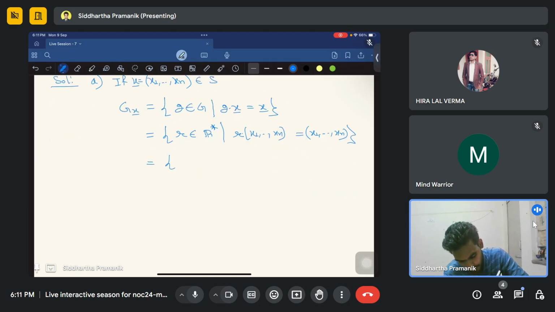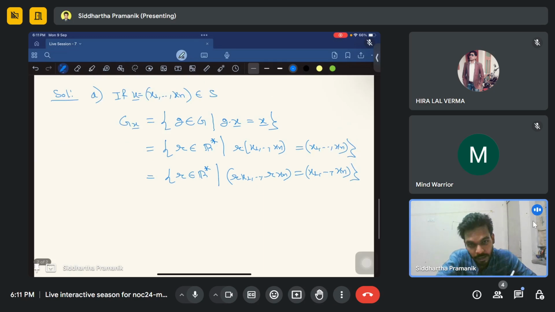So this is r belonging to R star such that (rx1, up to rxn) is the same as (x1, up to xn).